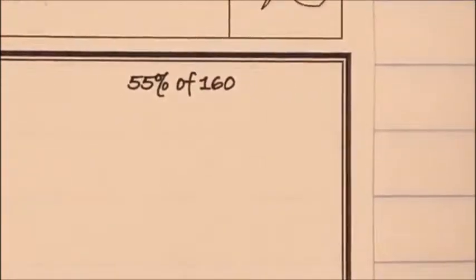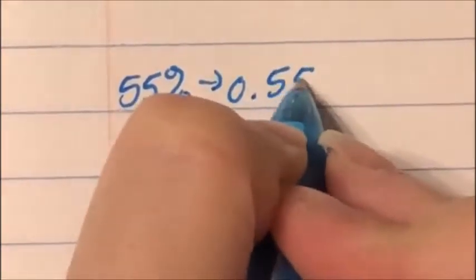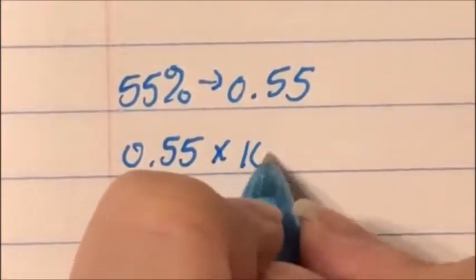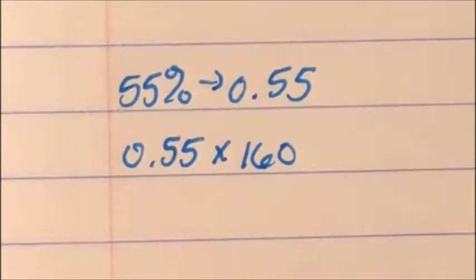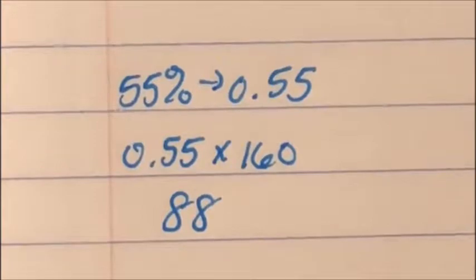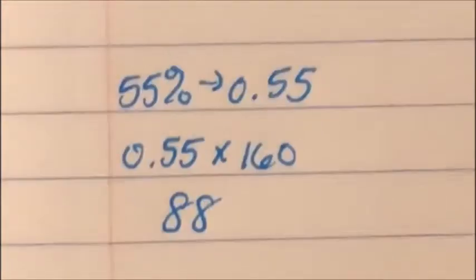Okay. Next one I have is 55% of 160. So I'm going to change 55% to a decimal, which becomes 0.55. 0.55 of means multiply, 160 gives me 88. So 55% of 160 equals 88.